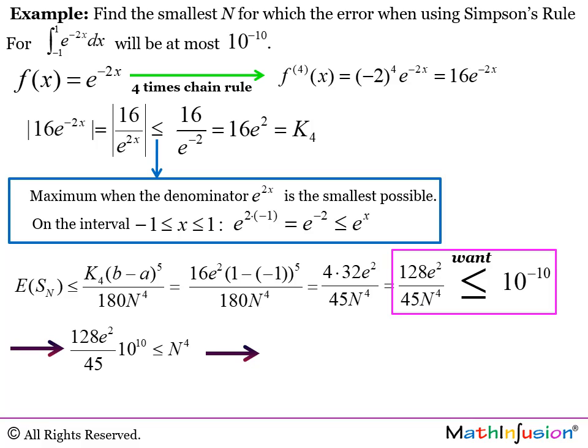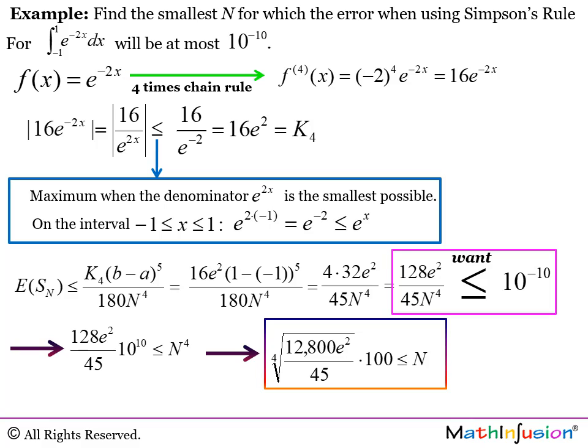We get this. And we get this. And we know that n has to be greater than or equal to this number. Don't forget that n is an integer, so we can even say that n is the smallest integer that is greater than or equal to this number. If this number is not an integer, then n will be strictly more than this number.